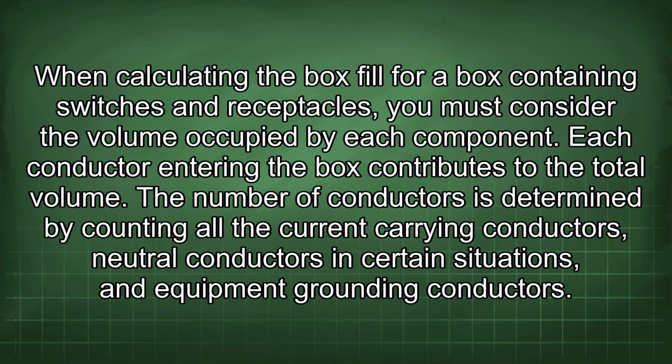When calculating the box fill for a box containing switches and receptacles, you must consider the volume occupied by each component. Each conductor entering the box contributes to the total volume. The number of conductors is determined by counting all the current carrying conductors, neutral conductors in certain situations, and equipment grounding conductors.